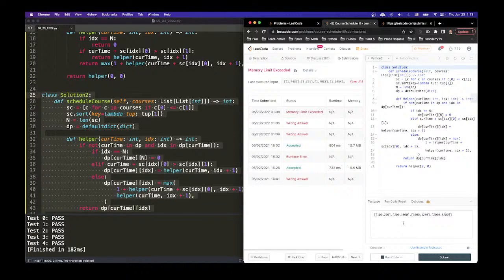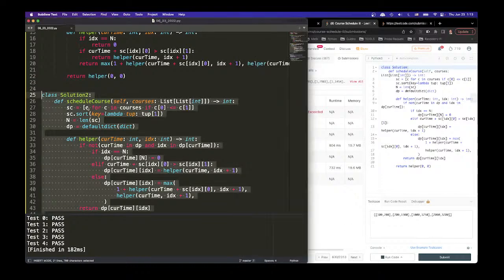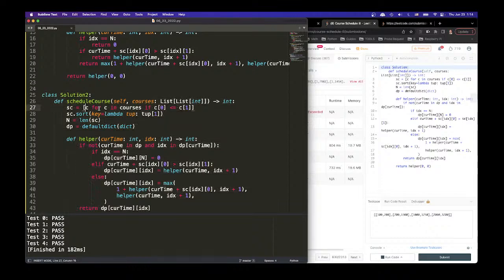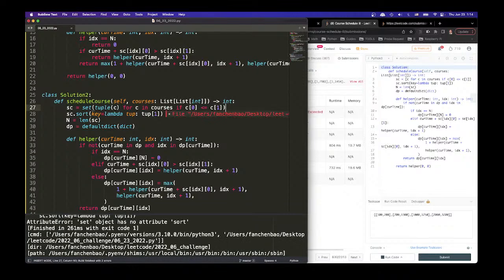And all the repeats, right? I'm going to say tuple C and then equal to a set. Set has no sort. All right, sorted this, key equals this.